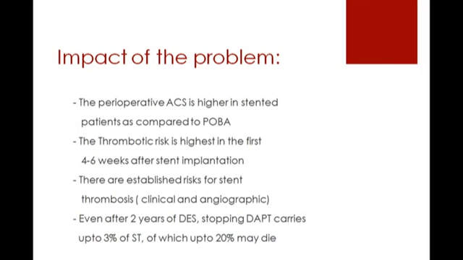Even after 12 to 24 months of double antiplatelet therapy in DES population, there is still up to 3 to 3.5% risk of stent thrombosis perioperatively if we discontinue one of the antiplatelets or both of them for a non-cardiac procedure, and up to 20% of patients who are subjected to this very late stent thrombosis can die or may die.